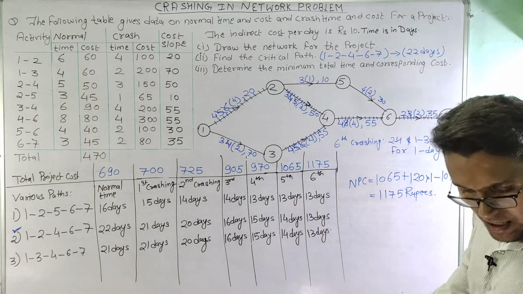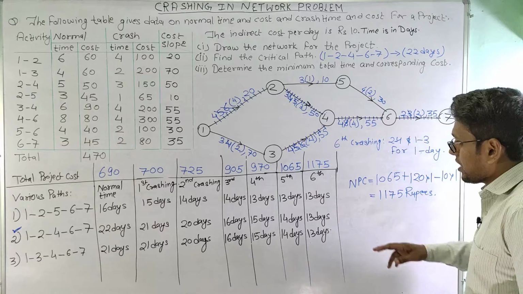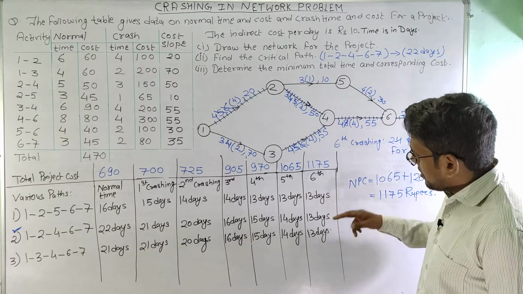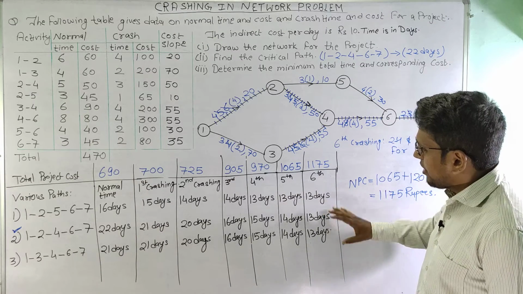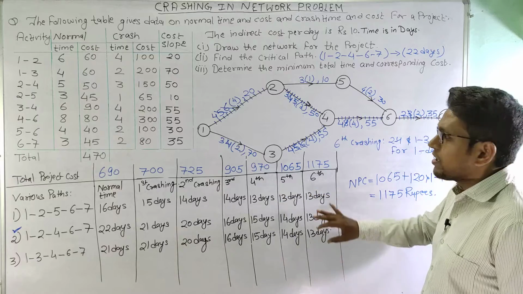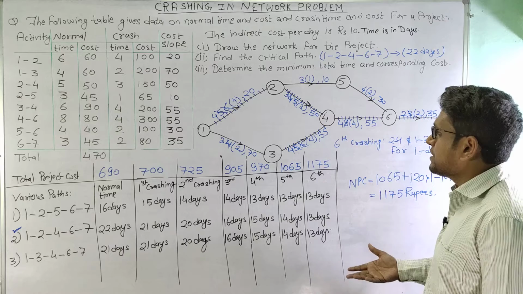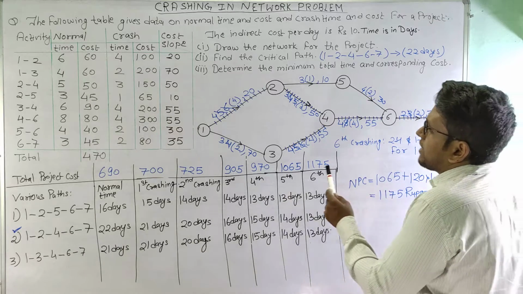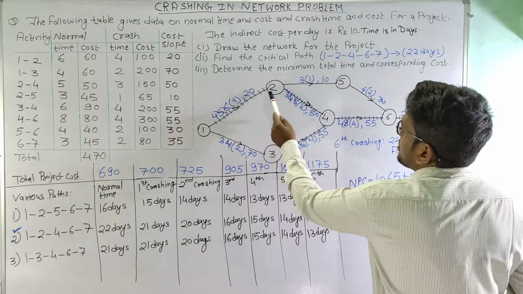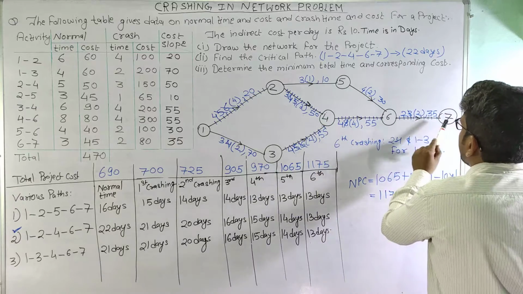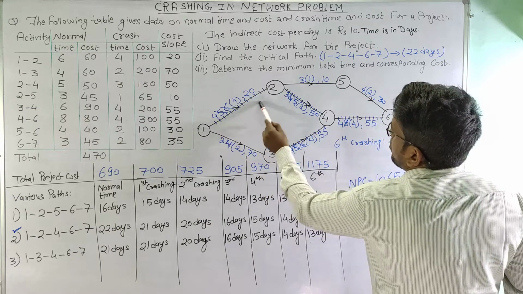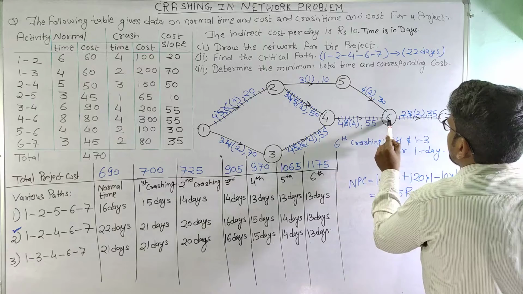Now as we can see here that the duration of all 3 paths have become equal. That means all the 3 paths are now critical paths, and let us see if we can further crash the activities. So we can see here that in path 2, which is 1 2 4 6 and 7, we cannot crash these activities further.